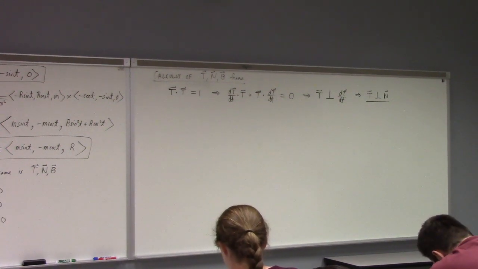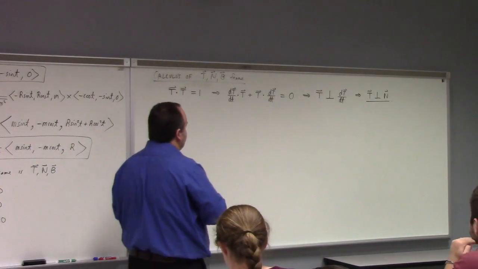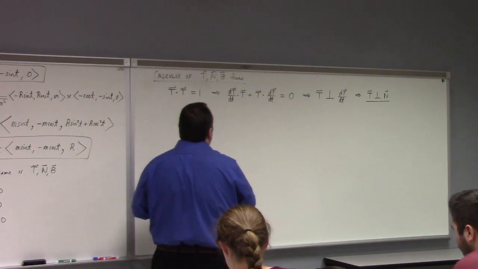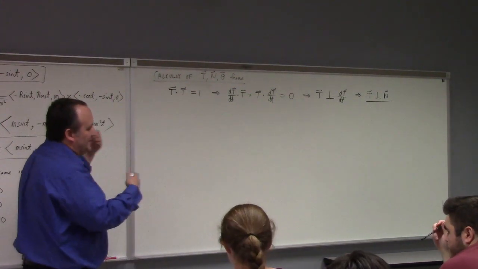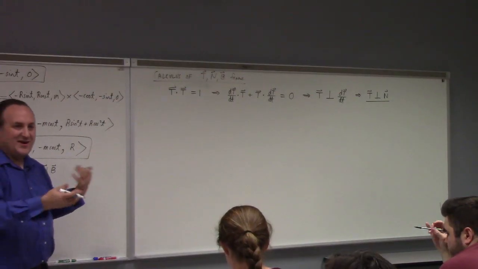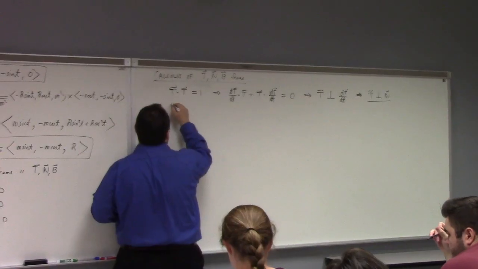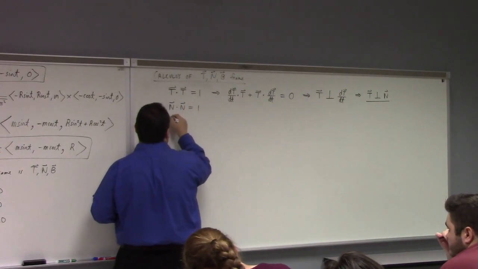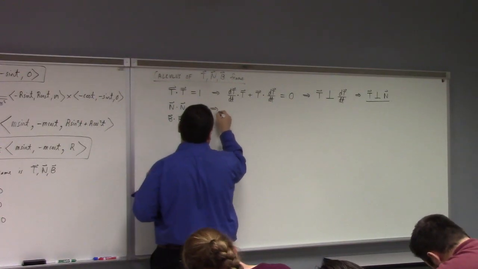And there's nothing especially tangential about this calculation. We can go through the same calculation and see that n dot n equals 1 and b dot b equals 1 imply what?